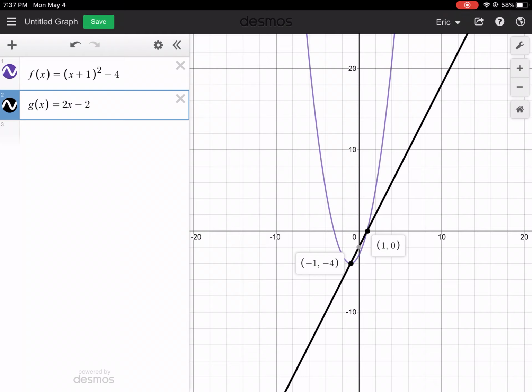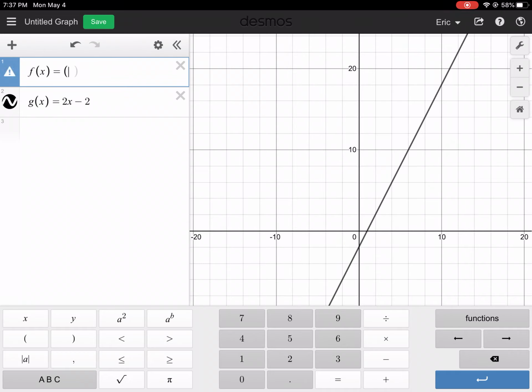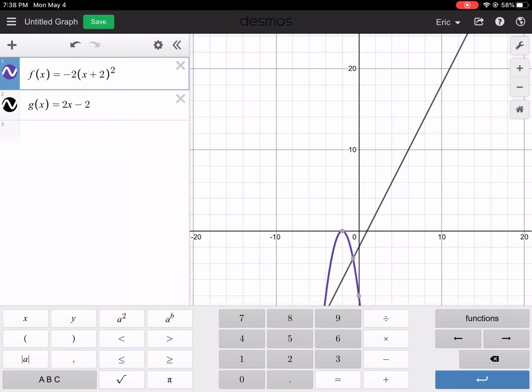Like on number 3, it says f of x equals negative 2 times (x plus 2) squared, plus 8. So there's our parabola.